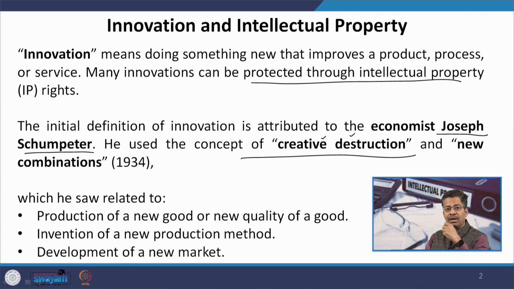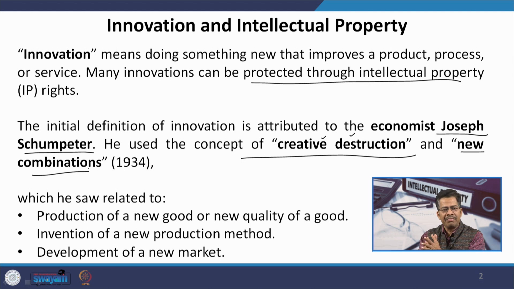The other thought which he gave is new combinations. I can use an umbrella which has a light also, because an umbrella is required in, let us say, rainy season when light is also not there. So, if I have an umbrella where some LED light is also there, that is an example of new combinations.